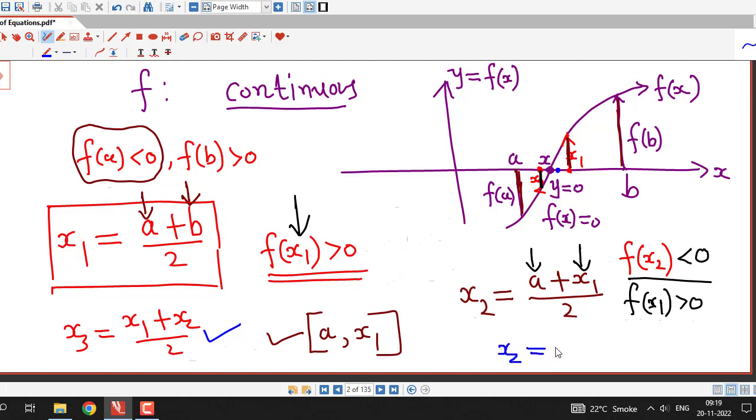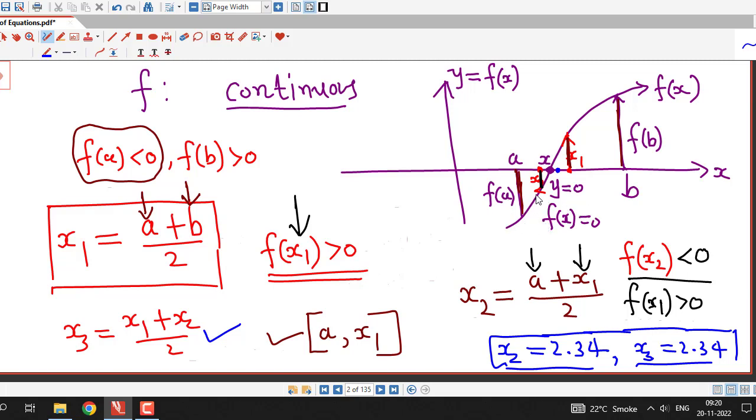Suppose the value of x2 is say 2.34 up to 2 decimal places and the value of x3 is also 2.34. Then we stop and we write that the root is 2.34 correct up to 2 decimal places. So depending upon the question we have to fix decimal places in our calculator and we have to continue this process to obtain this type of approximations to the root. This is the idea of the bisection method.